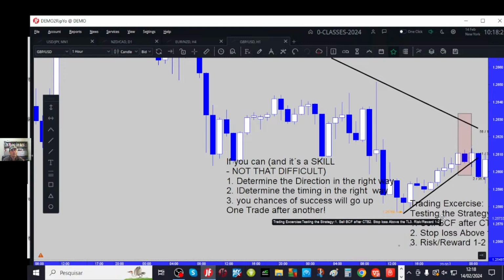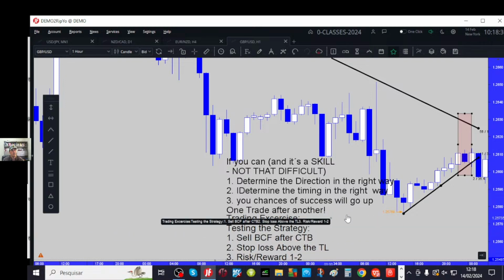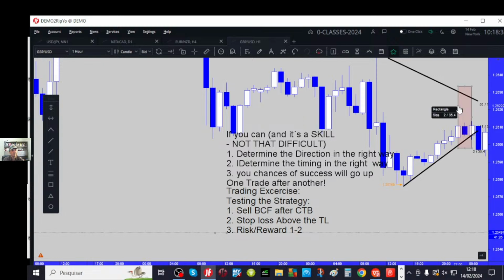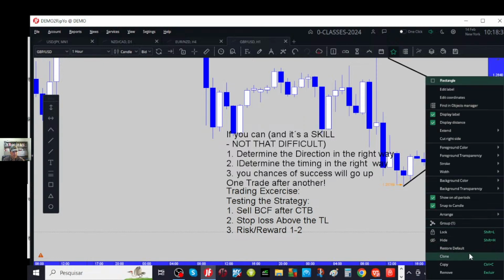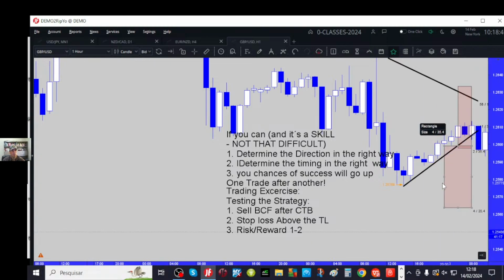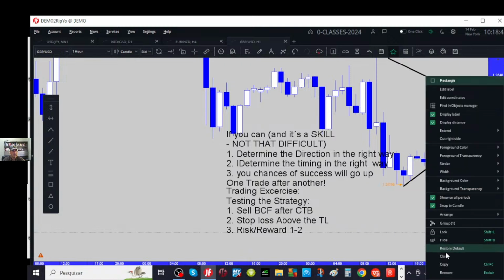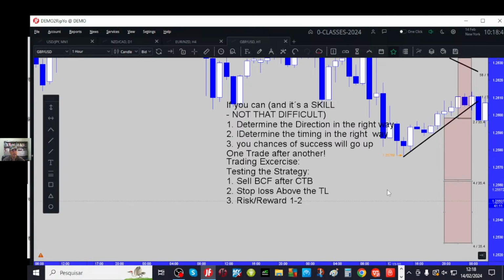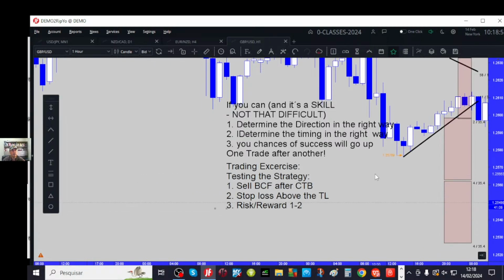Stop loss above the trend line. Stop loss somewhere above in here. Alright, and I'm going to go 1 per 2 and give me a second. Alright. 1 per 2, one more, right click, there you go. Let's see how this is going to play out.